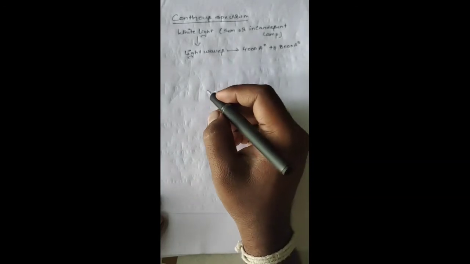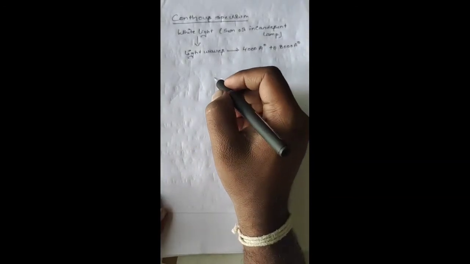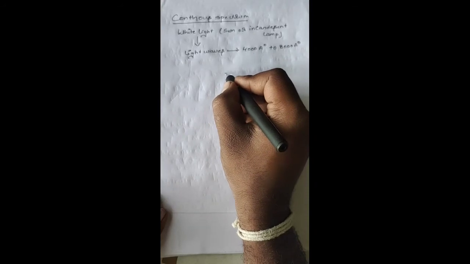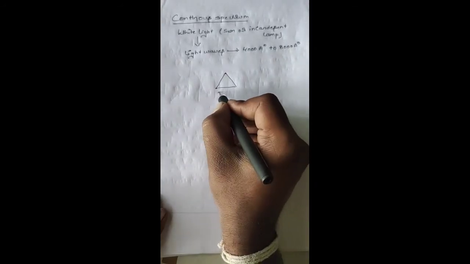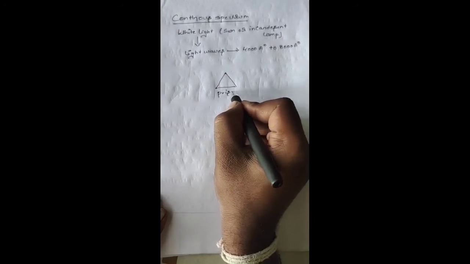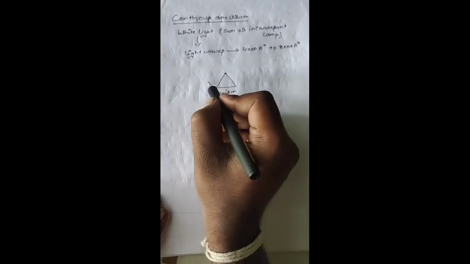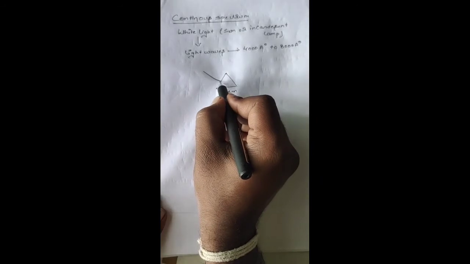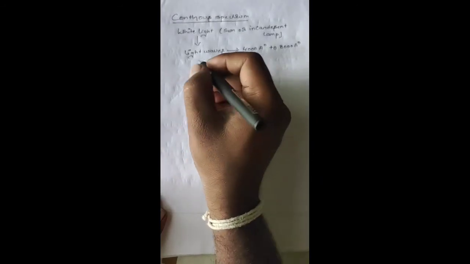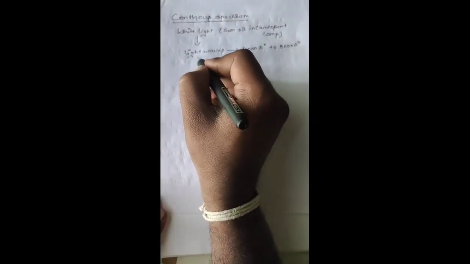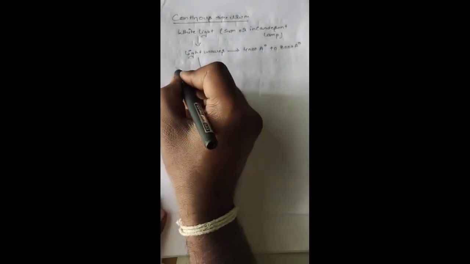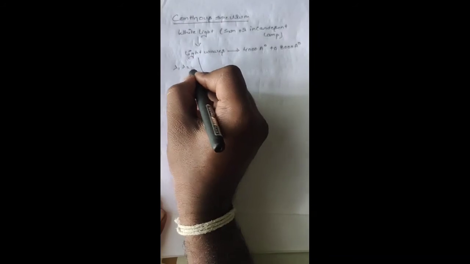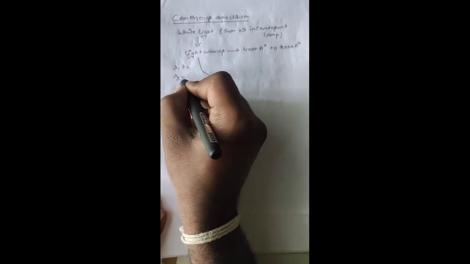I am taking a prism. This is the prism. I am passing the light. It is white light with different wavelengths, lambda 1, lambda 2, lambda 3, and so on.